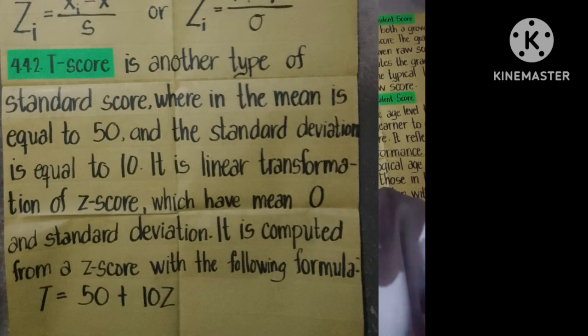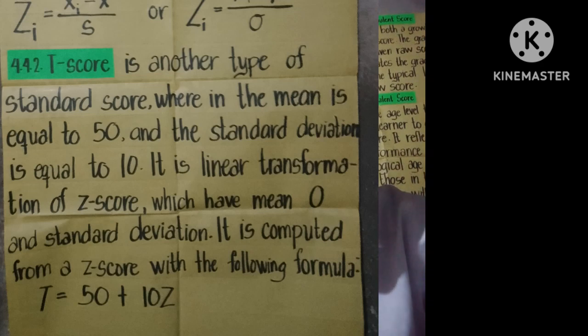So let's proceed to T-score. T-score is another type of standard score wherein the mean is equal to 50 and the standard deviation is equal to 10. It is a linear transformation of Z-scores, which have mean 0 and standard deviation 1.